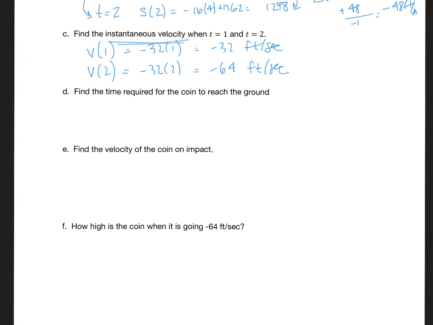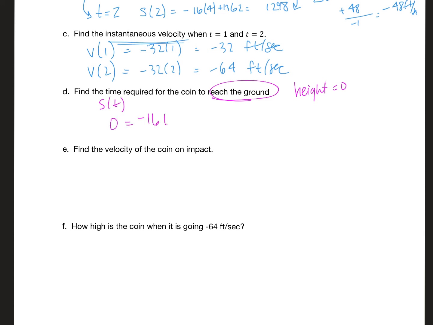Okay, on question D, the time required, right, so I will be solving for t, for the coin to reach the ground. When the coin reaches the ground, the height is 0. So when I use the S function, this part is going to equal 0.